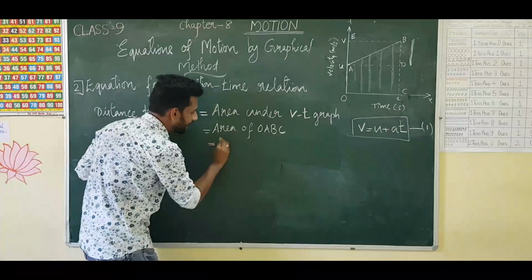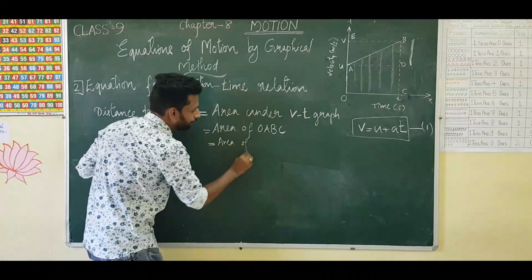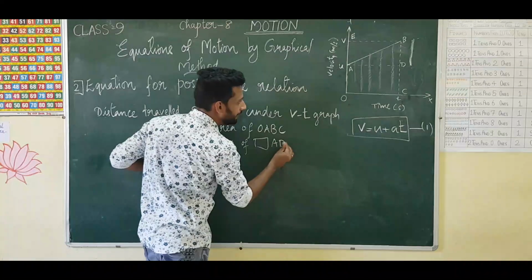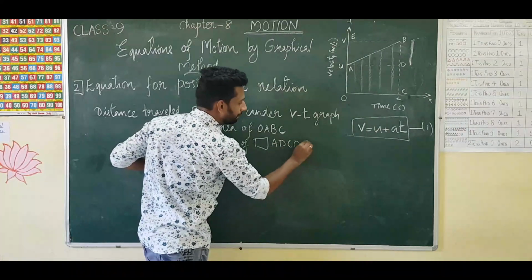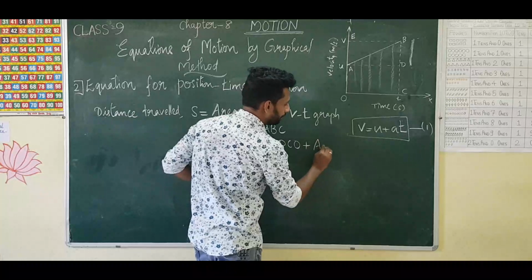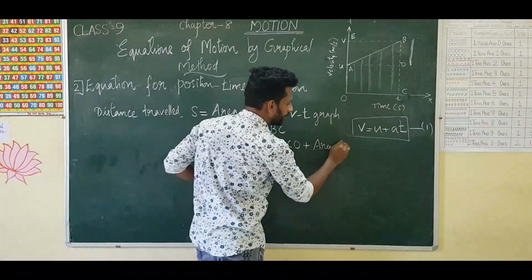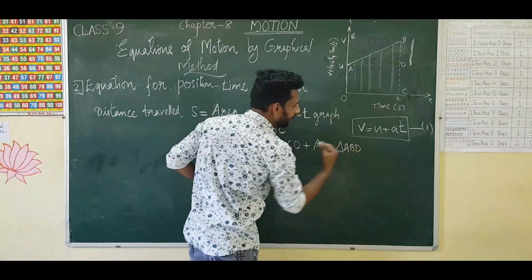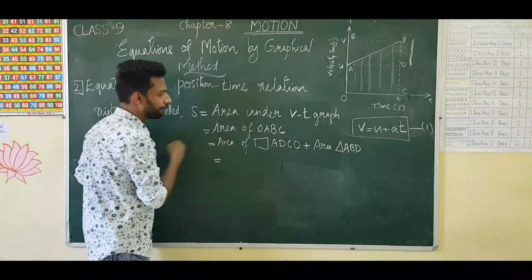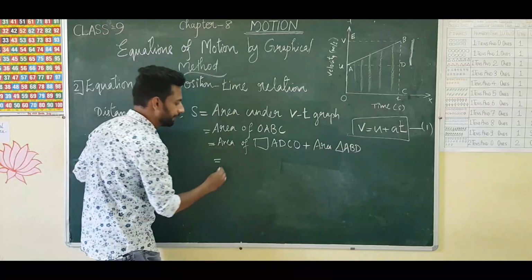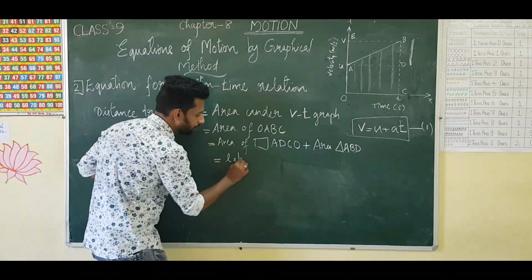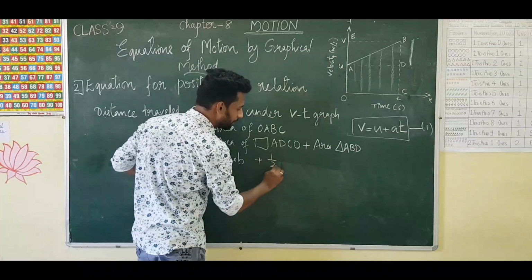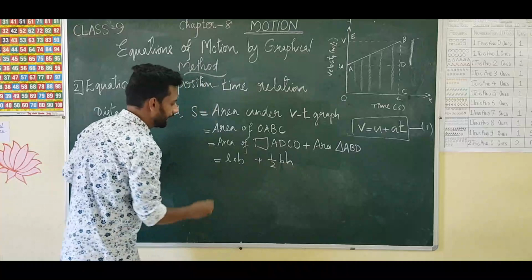So we can write the area of the rectangle, what's the name? ADCO, plus the area of triangle ABD. Now substitute the equations for this. How to find the area of a rectangle? That will be equal to length into breadth, plus the area of the triangle, half into base into height.